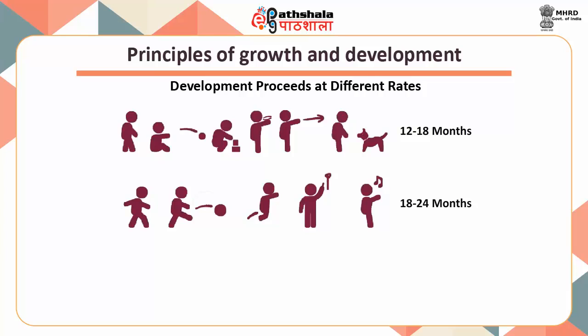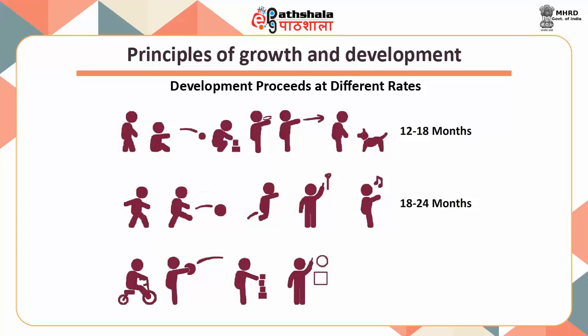Marked individual differences are observed due to age and sex of children. For instance, during the early adolescence phase, girls are taller and heavier than boys due to an earlier growth spurt. But as the boys attain the adolescent growth spurt, they catch up and eventually surpass girls in body size.